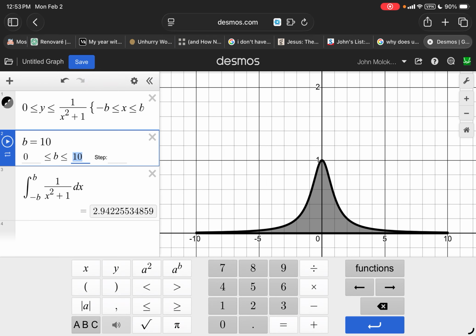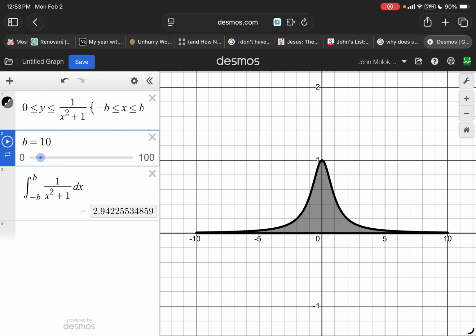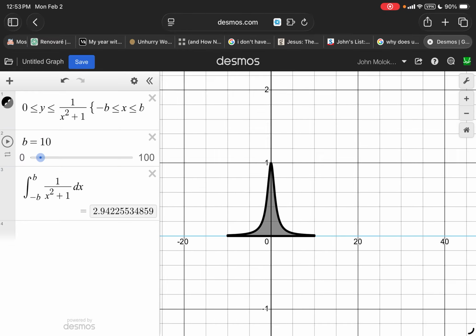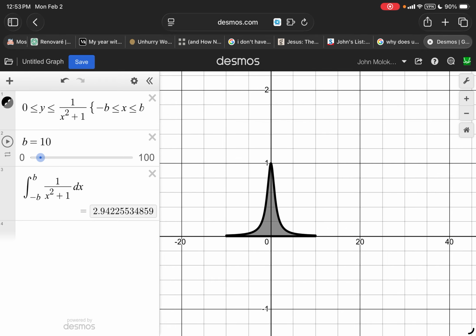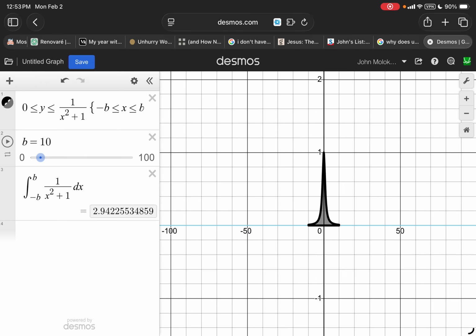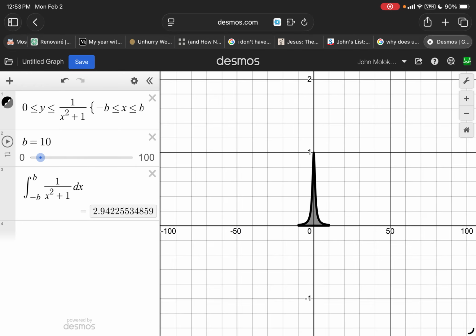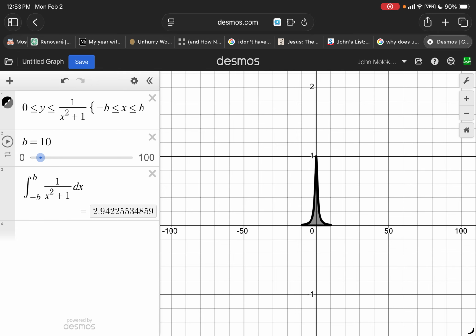In fact, we can go all the way to 100 even, and say, okay, what happens if we went all the way to 100? How much area is there if we keep on going all the way out to 100? It's never going to be bigger than pi, is it? Even if you were to make that 1,000.